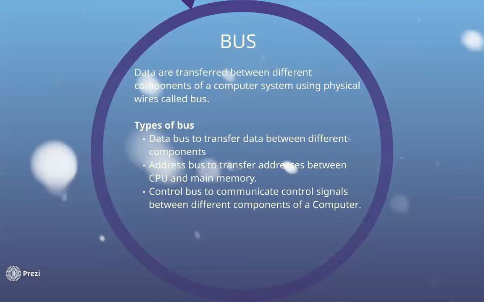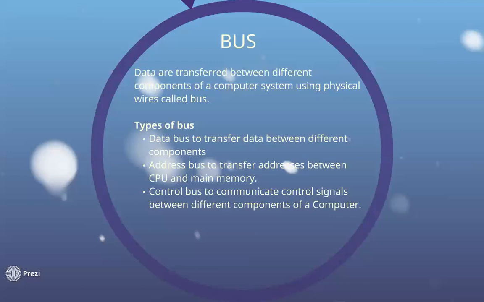It takes the response from the printer whenever it sends signals, or when it sends a signal to a scanner, or if we have pressed any key on a keyboard, that control signal flows from your keyboard to the CPU. So these things are taken care of by the control bus.